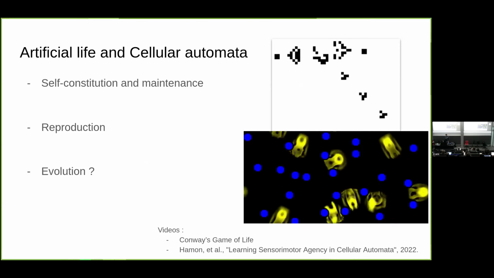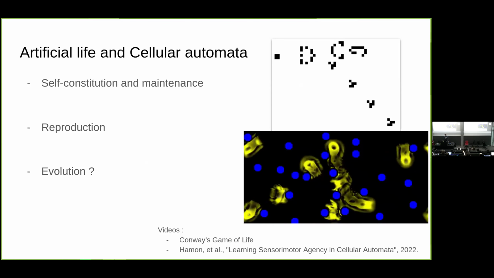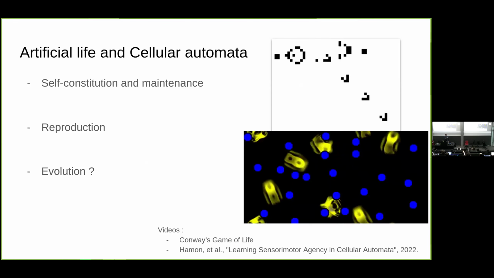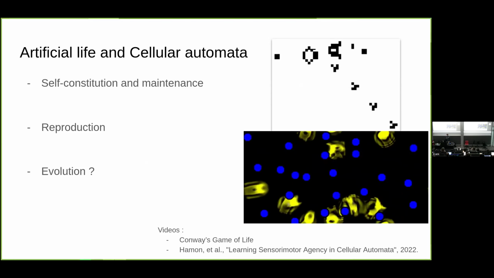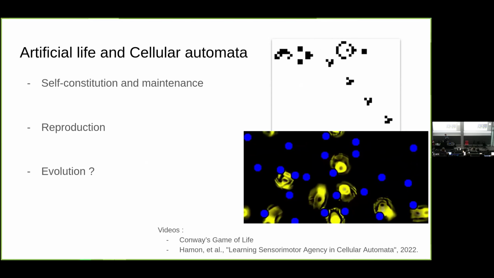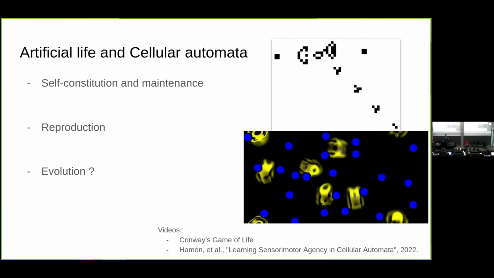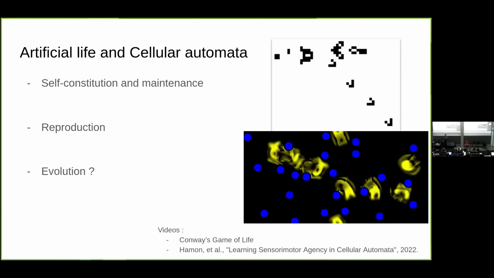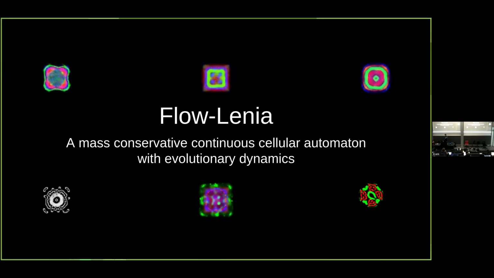But in this kind of cellular automata, we don't really have the notion of evolution. Notably because the rule stays the same during all the simulation, and the same pattern won't produce different results depending on some kind of genome.